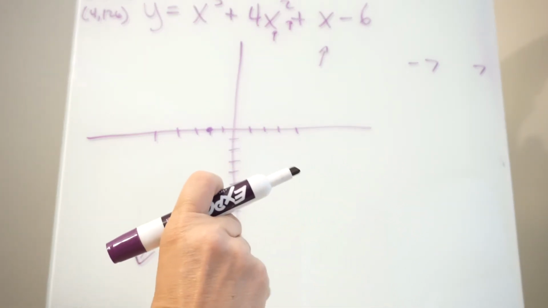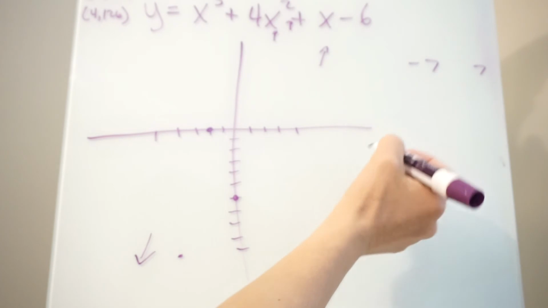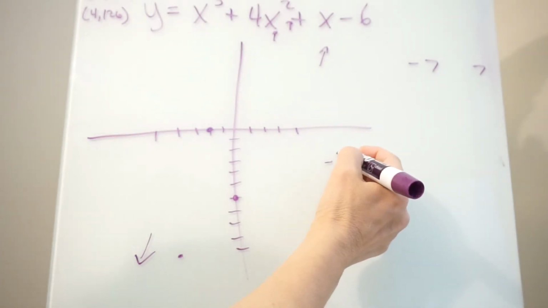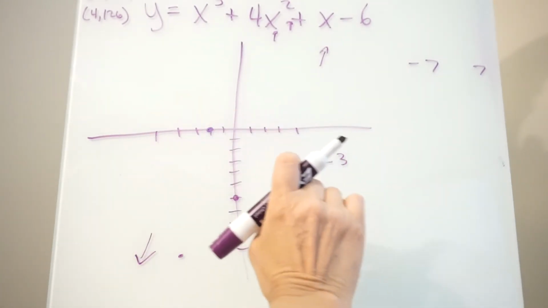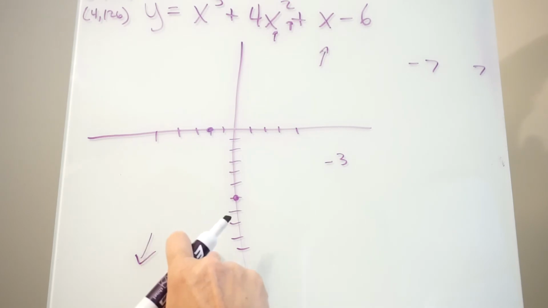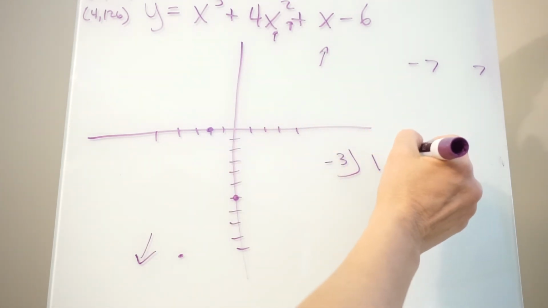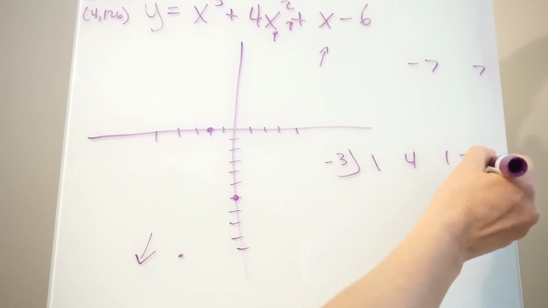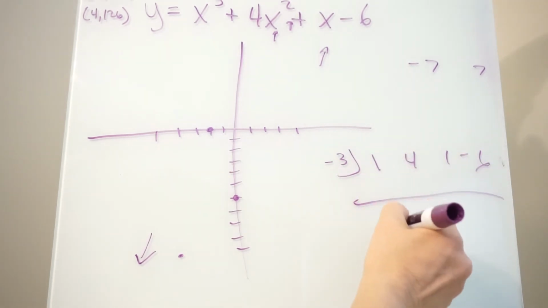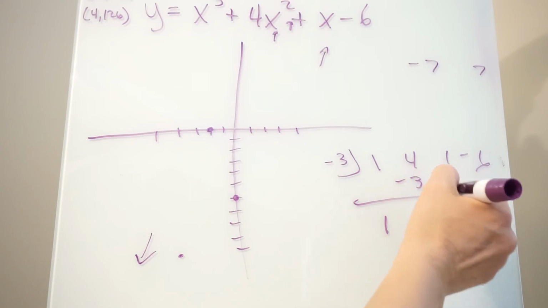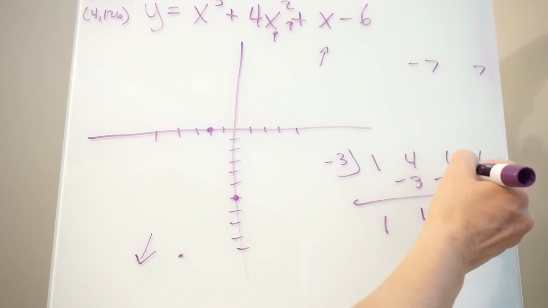So let's pick a couple more points and see where they're at between -4 and -2. So we'll do -3. Again, let's see, 1, 4, 1, -6. Bring down. I guess I need to say this out loud and add.